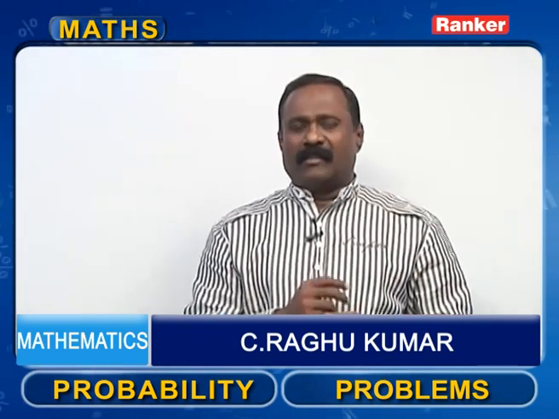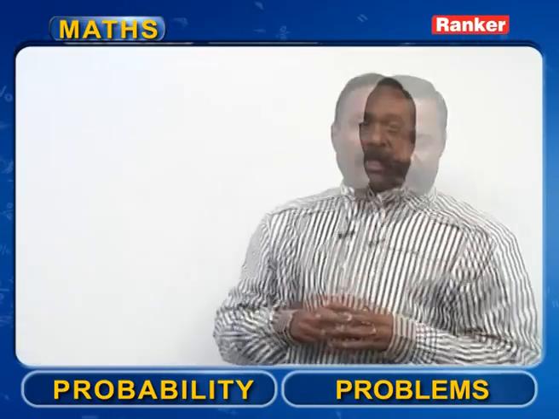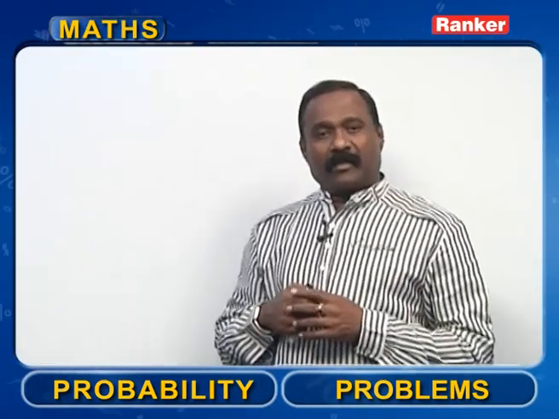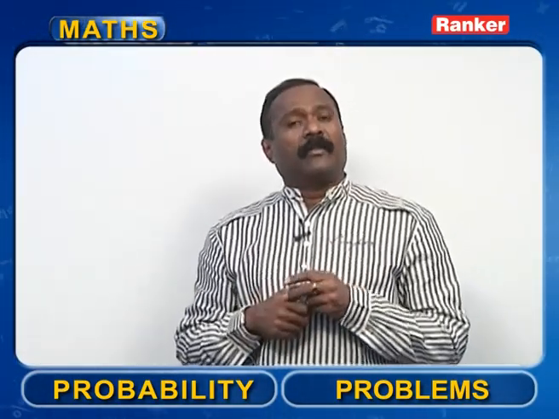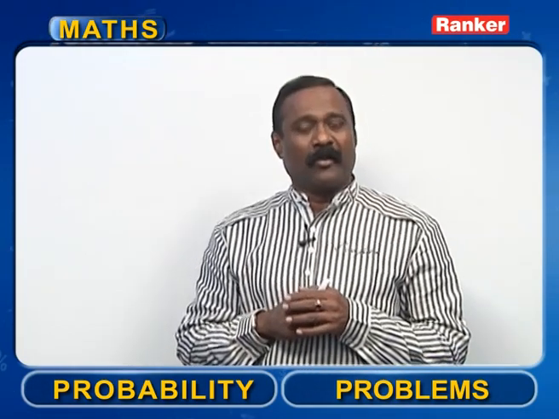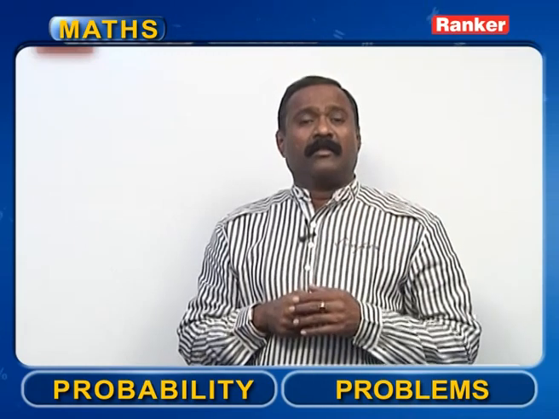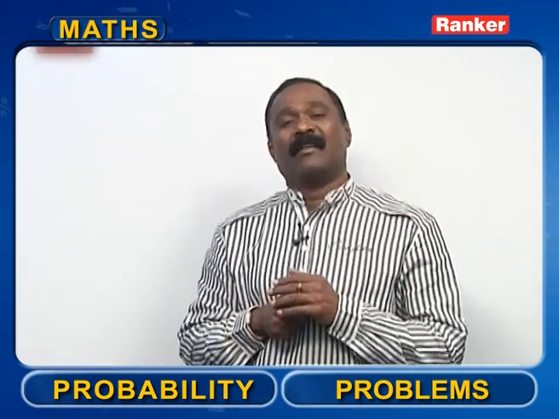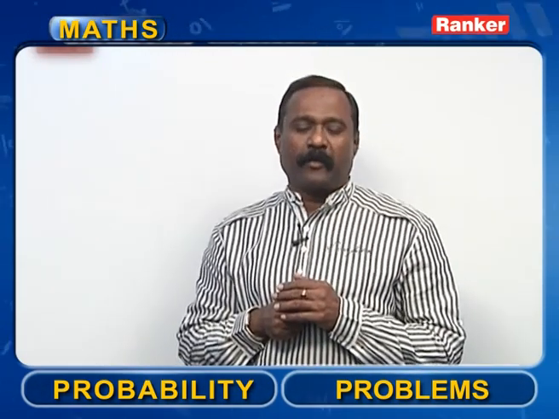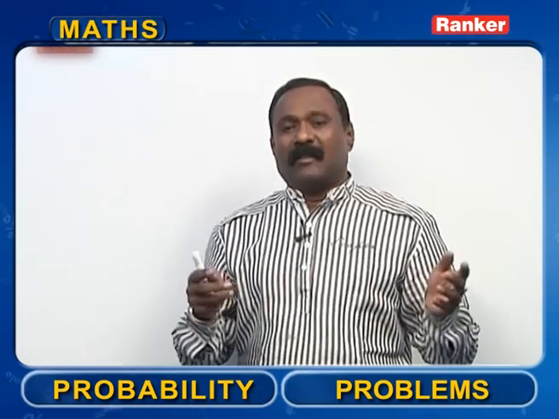As far as the IIT syllabus is concerned, we have only up to the binomial distribution, and we worked out an interesting problem yesterday, based on the umbrella seller, and we saw his average profit to be 600.